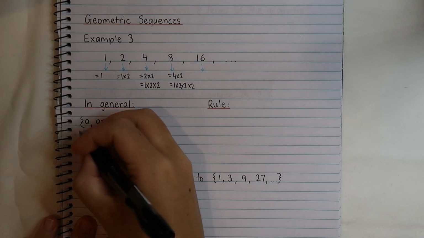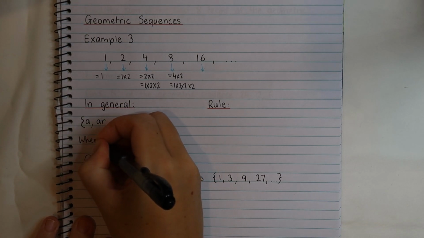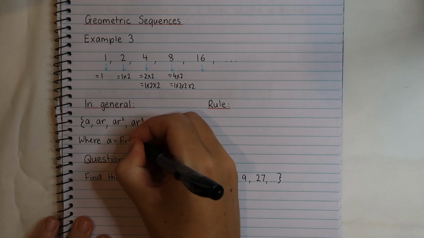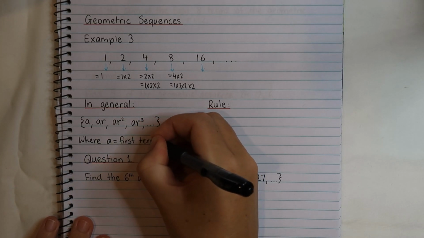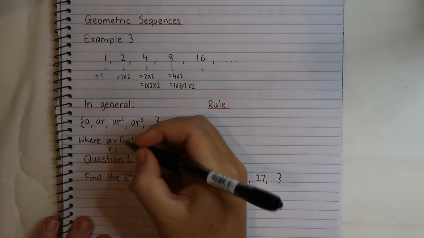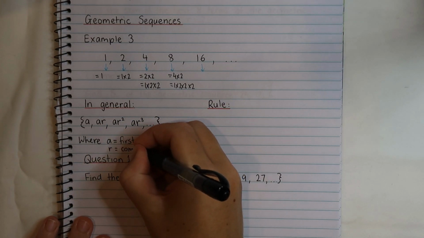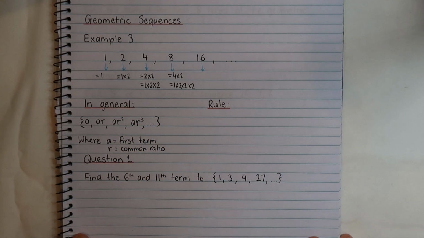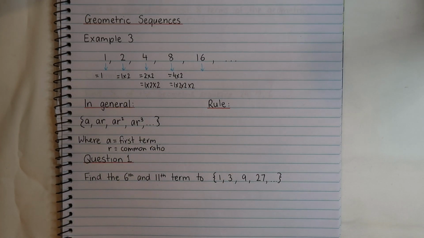So let's define our terms. We have where a is the first term and r is the common ratio. So at each stage, the common ratio was raised to a power that was 1 less than the index.